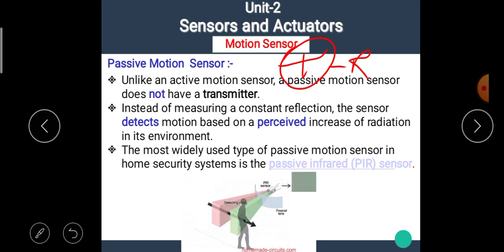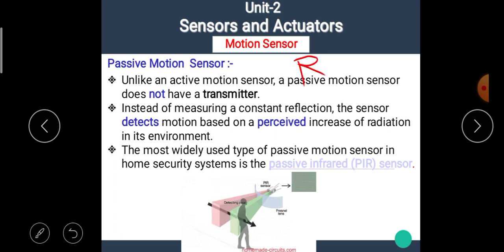But a passive motion sensor does not have a transmitter, so it cannot transmit any type of wave. It only receives radiation from the surroundings.